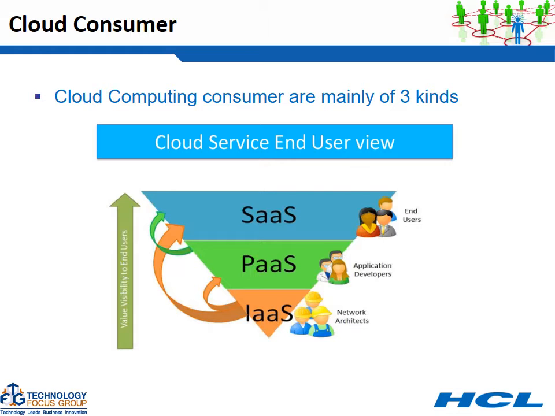These users use mainly the platform as a service for their development environment and for running and deploying the applications. The third kind are the common users who have been running applications for a long time. These mainly use the SaaS services. The diagram shows clearly which kind of users are standing where.